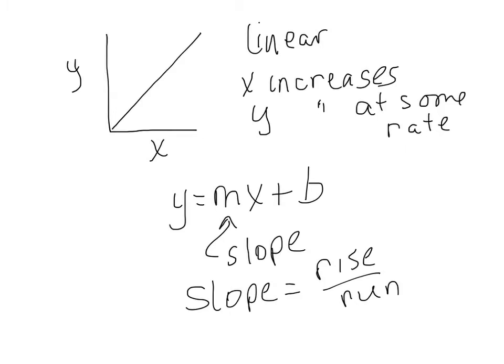Now our third is where they start looking different. Here's our y and our x, and it looks something like this. It is no longer linear. As x increases, y decreases. This graph is inverse.